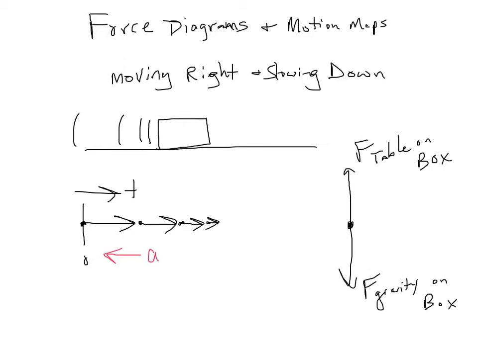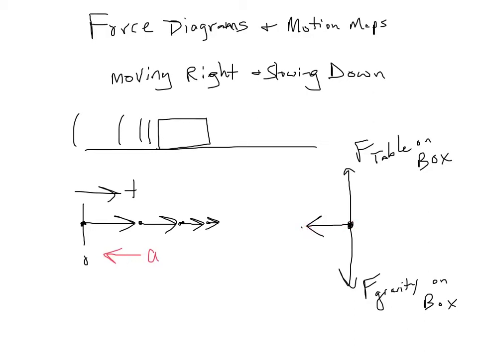Now at this point, knowing that this has to be unbalanced because of our acceleration, and knowing that the acceleration and the unbalanced force have to be in the same direction, that leaves us only one option: the unbalanced force in this diagram has to be to the left, in the same direction as our acceleration.